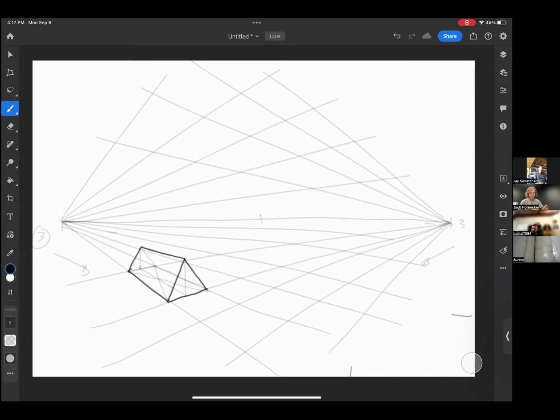Exact same thing from the other direction. Except now I'm using this vanishing point to establish the midpoint on the front here, midpoint on the back there.